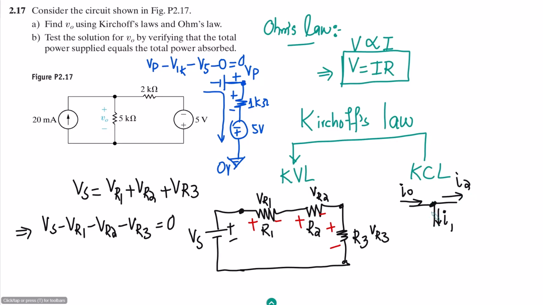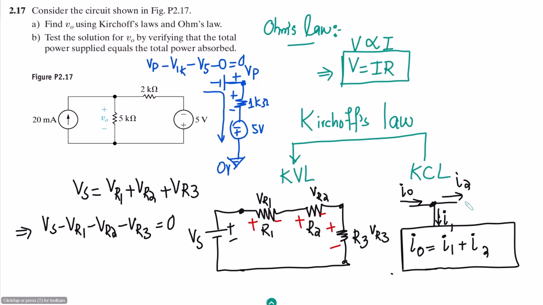According to KCL, Kirchhoff's current law, the current moving towards a node in a circuit will always be equal to the sum of all the currents moving away from the node. Here we can see that I naught is equal to I1 plus I2. Whatever the directions of the currents are, we have to utilize them here.